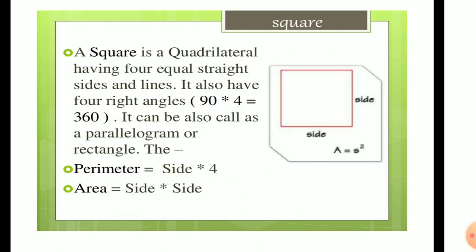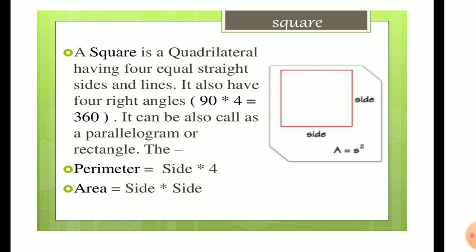Next is square. A square is a quadrilateral having 4 equal straight sides and lines, and it also has 4 right angles, meaning each angle is a right angle. It can also be called a parallelogram.